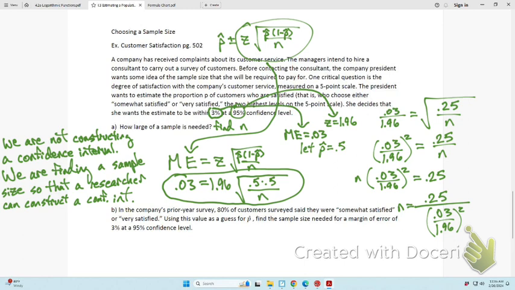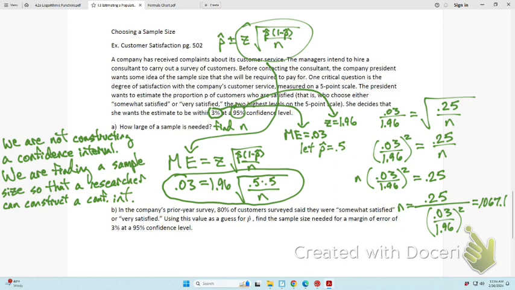When I type that in, I get 1067.1. Now think for a minute. If I round down to 1067, I'm going to risk not being within 3%. I need to bump it up because as n goes up, the margin of error will go down.